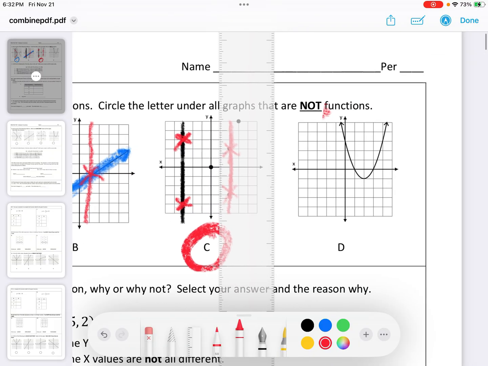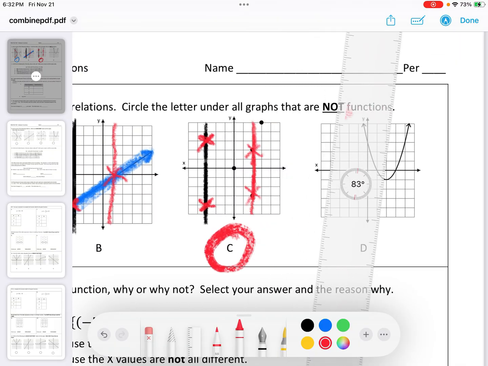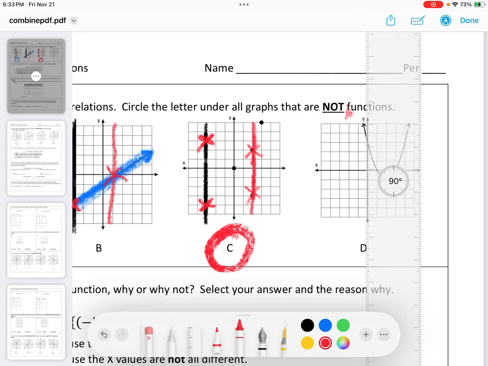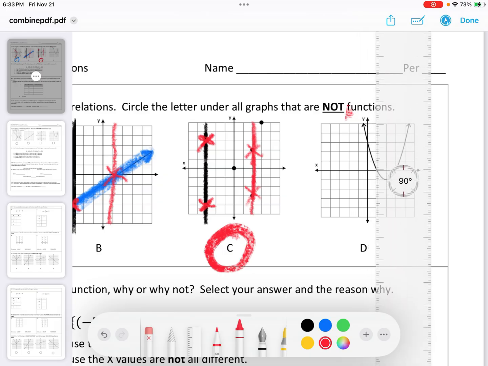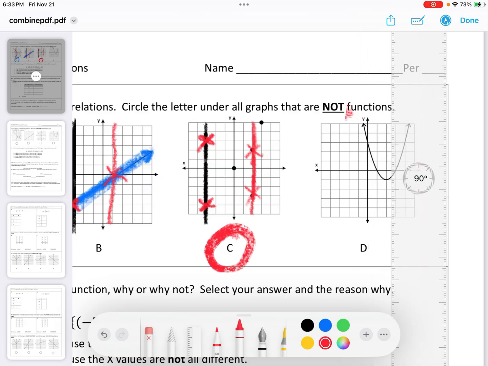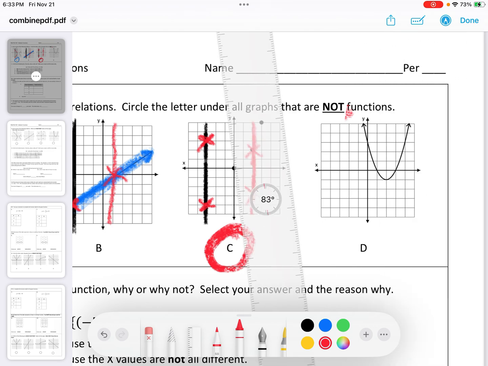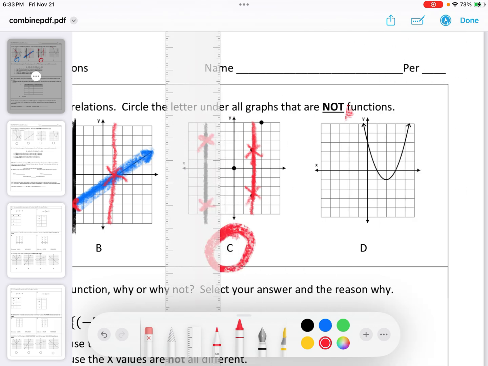Okay, what about this one? Well, if I move my ruler along it, it only hits one there, one there, one there, one there, one there, one there. It only hits once the whole time. So I can draw a couple lines if I want, just to show you. For instance, if we had a line here, does it cross more than once? It only crosses at one spot right there. So that's okay.